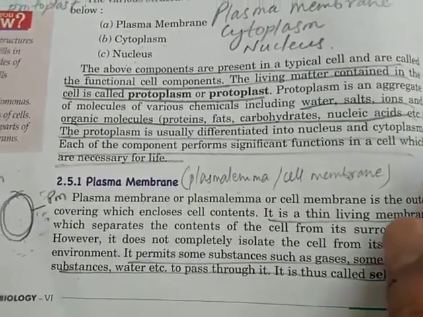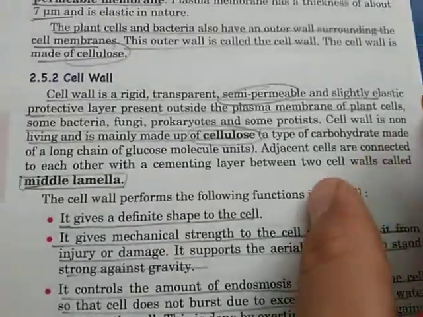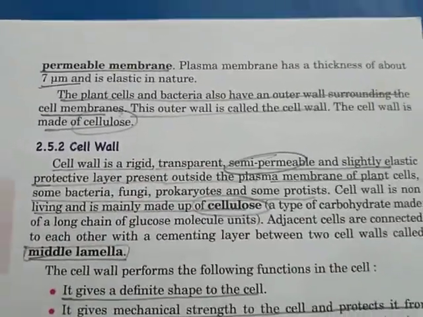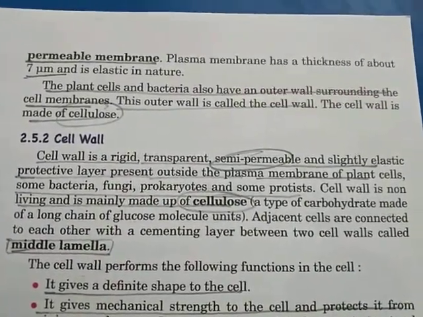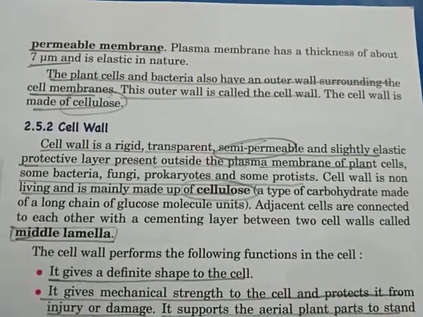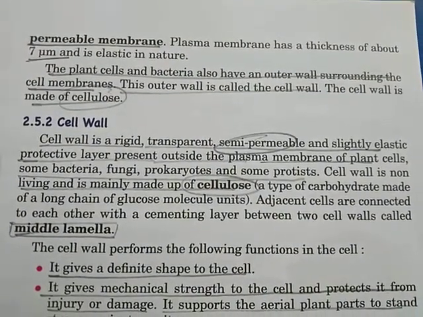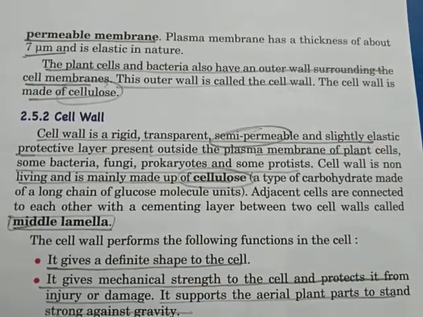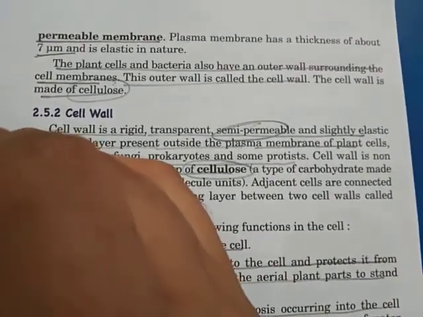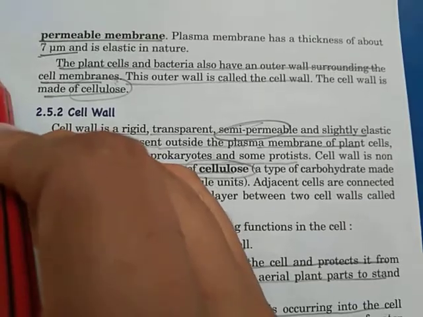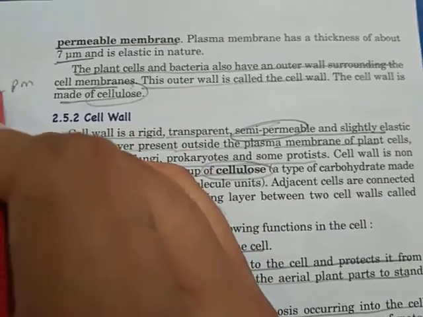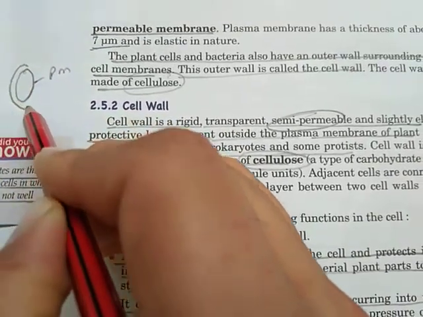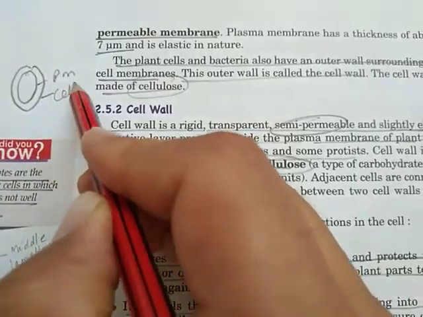So in plant cell, in addition to this plasma membrane, another layer is present which is known as cell wall.